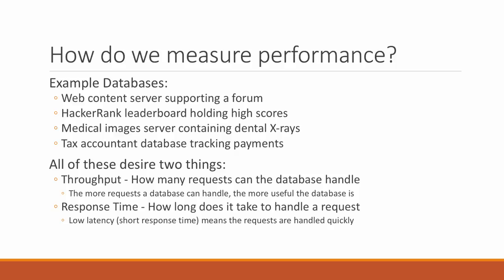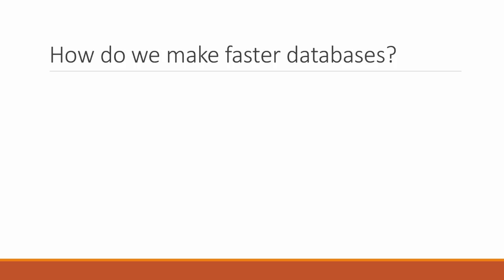So if both being able to handle many requests as well as being able to handle those requests quickly matter, how do we make databases better? How do we make faster databases? Really, the way you make faster databases is the exact same way you make any program you would ever write faster. For instance, run it on a faster computer. Often you're putting databases on top-of-the-line servers, with caching, and doing as much as you can to make sure it's not hardware limited.